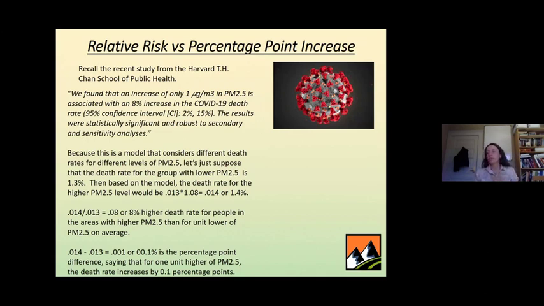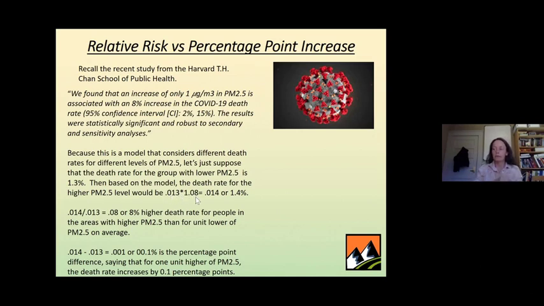We can't know for sure what the death rate was before and after, based on how they presented the model in their research. But let's just suppose that the death rate for the group with the lower PM 2.5 is 1.3%. Then based on that model, the death rate for the higher PM 2.5 level would simply be 0.013 times 1.08.